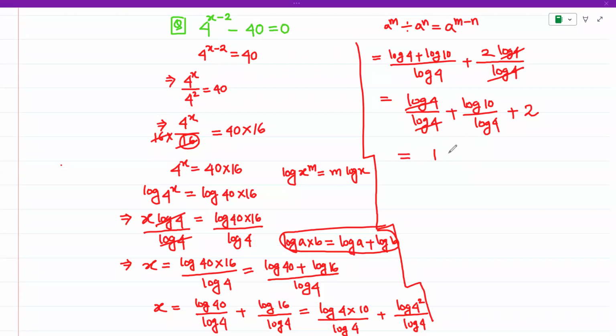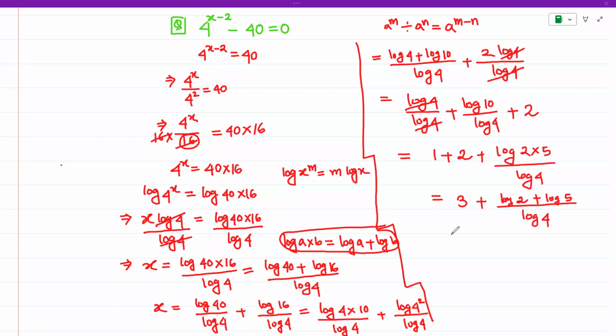So 1 plus 2, 3, plus log 10, we can write that 2 times 5 over log 4. If you use product rule again here, we can write that log 2 plus log 5 over log 4.